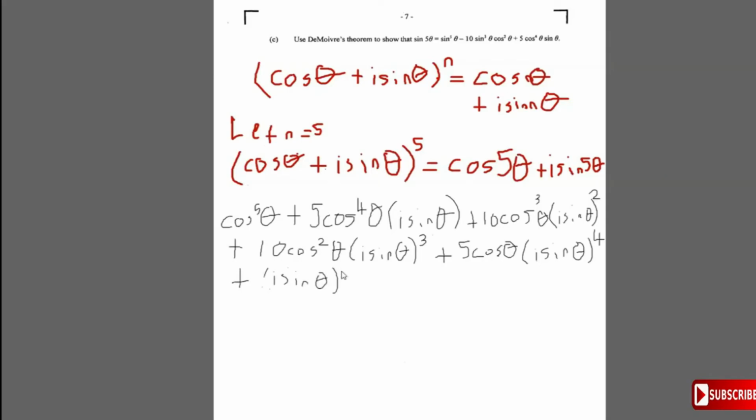Nice. So finally we finish expanding all of this. Then what do we do next? What we do is equate it to the right hand side, which was just cos 5 theta plus i sine 5 theta.